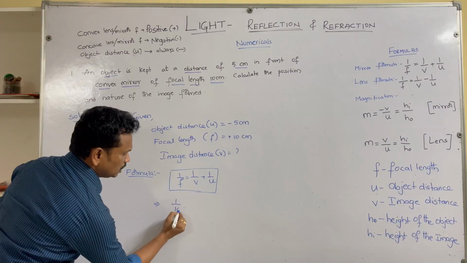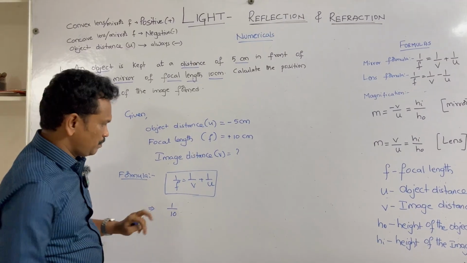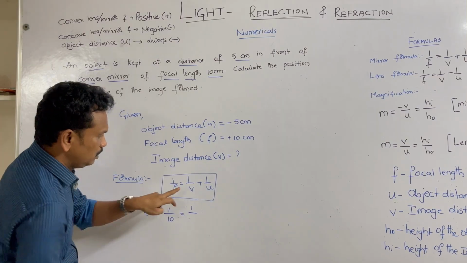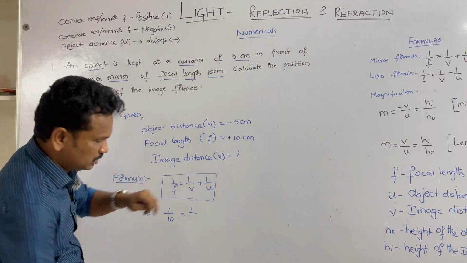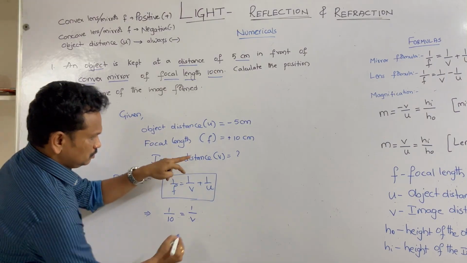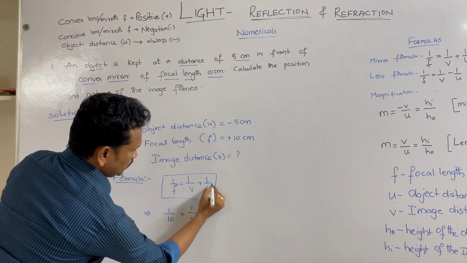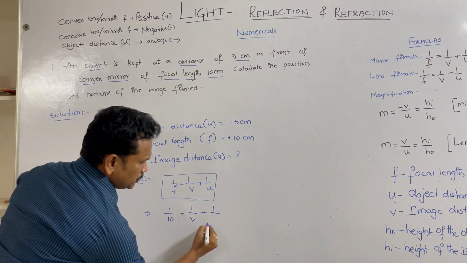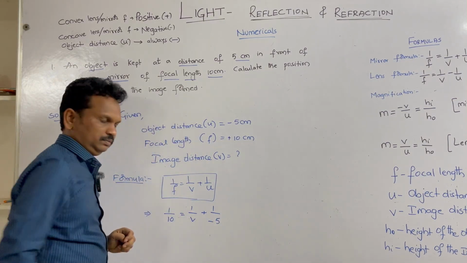Here it is positive, I am not mentioning the symbol. This is equal to 1 by v, as it is, plus 1 by u, the object distance, minus 1 by 5.